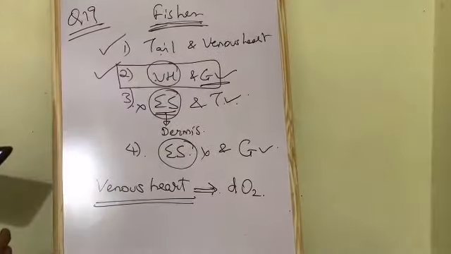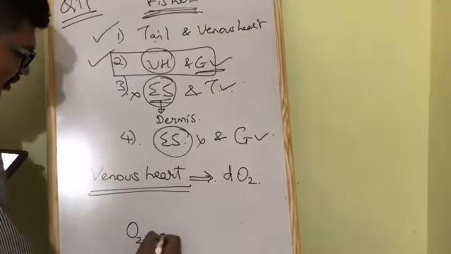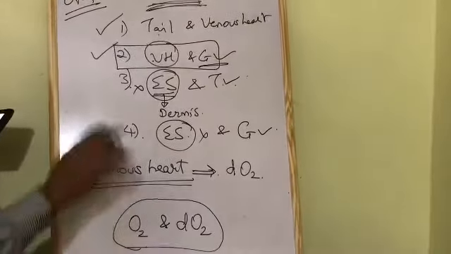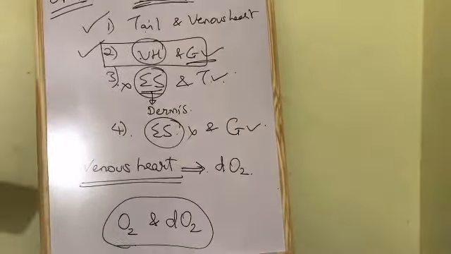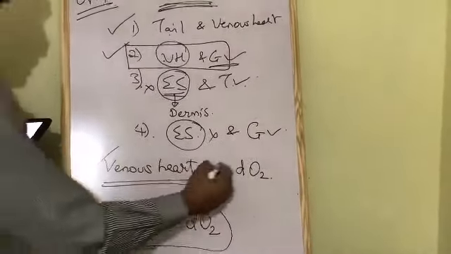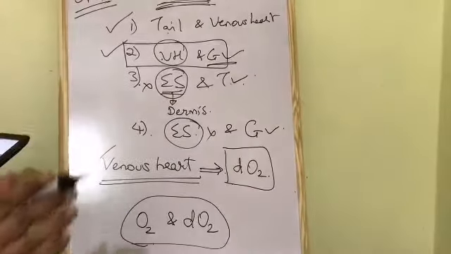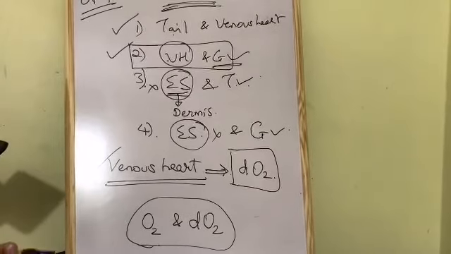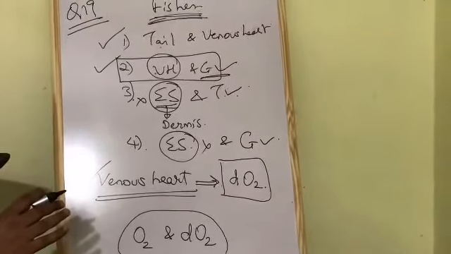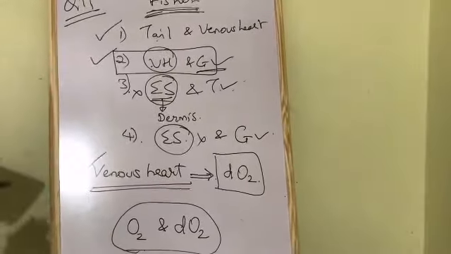Now if you talk about the human beings, I hope you know that the heart of the human beings contains both oxygenated and deoxygenated type of blood. Both the type of blood is going to enter into the heart of all the animals, but in the fishes the heart is going to contain only deoxygenated blood, because the blood once supplied to the body, the deoxygenated blood comes to the heart, and the deoxygenated blood from the heart is going to go to the lungs for purification, and from the lungs it doesn't come back to the heart.